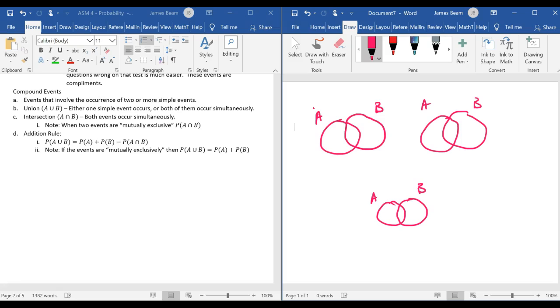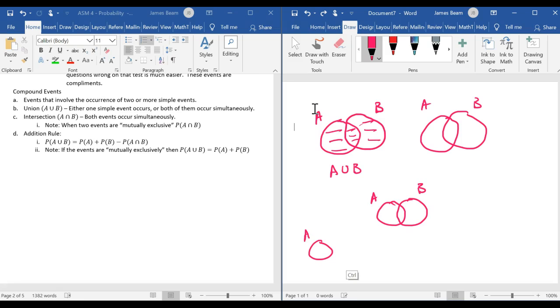All right, so if we're doing a union, A union B, then I'm in A, I'm in B, or I'm in both. So this would be A union B. Sorry, I'm getting ahead of myself.